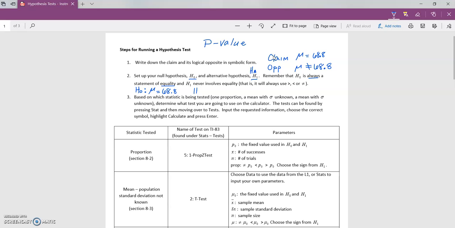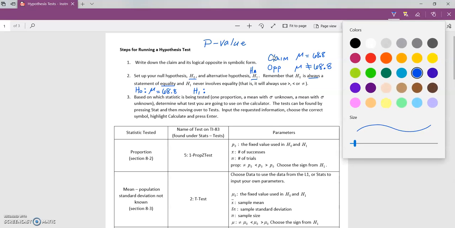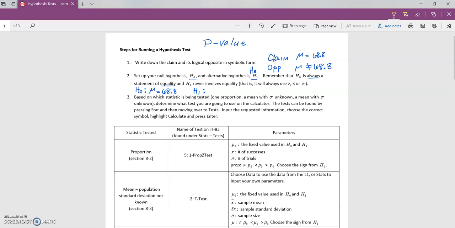The alternative hypothesis is going to either be the claim or the opposite claim, whichever one does not have equality. This one has an equal, so it can't be this one. So it's going to end up being the opposite.